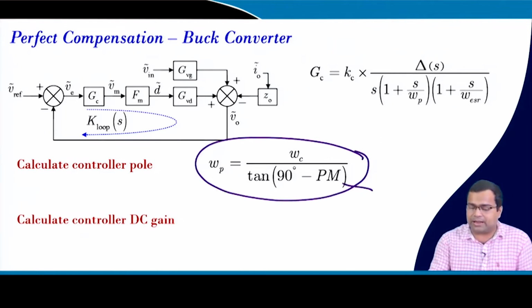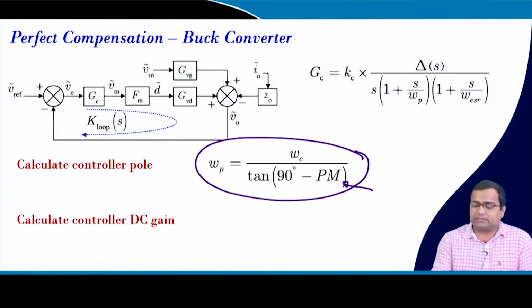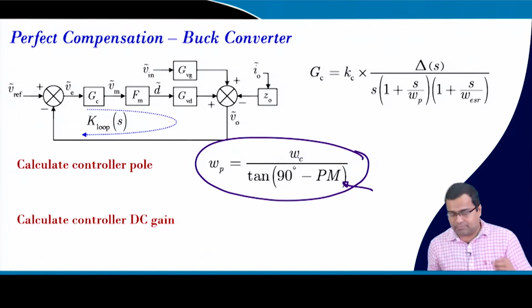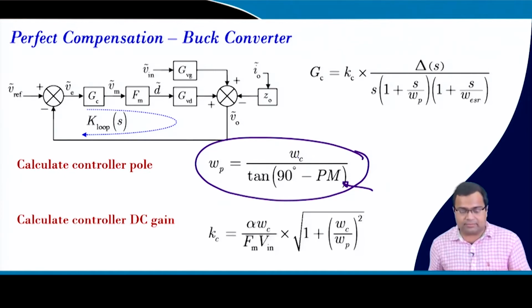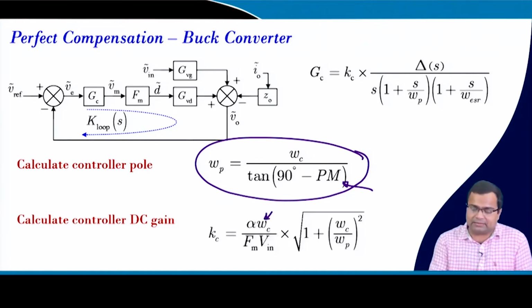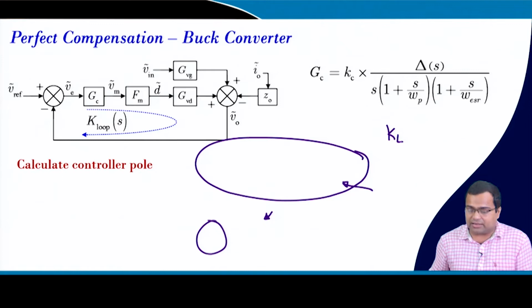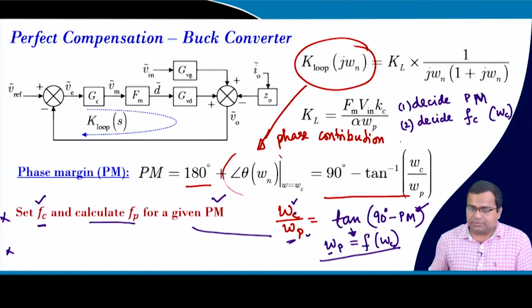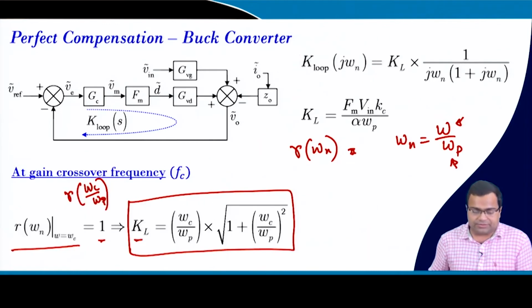If you provide omega c, then you can compute the controller gain, because it comes from that K relationship.